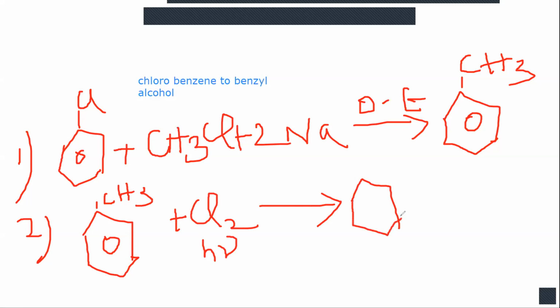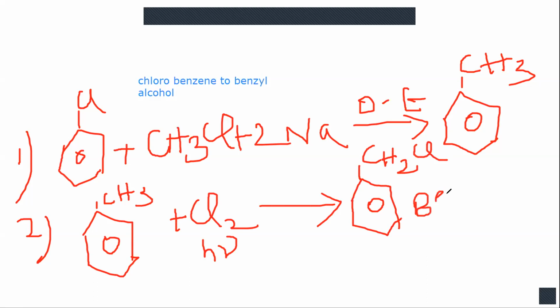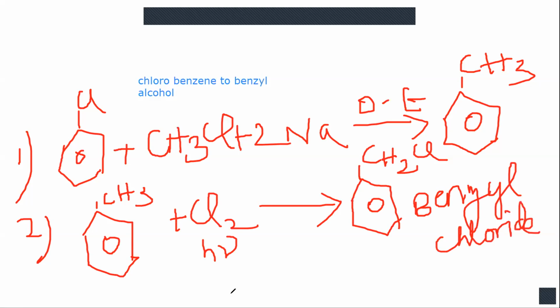Whereas in the previous conversion we discussed, when you add chlorine and FeCl3 or FeBr3, chlorine gets substituted in the benzene ring. So now the chlorine goes out of the benzene ring. So this is known as side chain substitution. The name of the compound is benzyl chloride. So you will be getting first benzyl chloride. This is step 2.